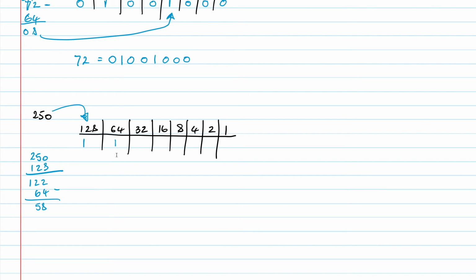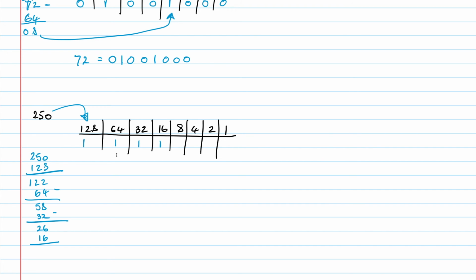I still need to find 58, so 32 is okay. We take 32 away, which leaves me with 26. We have 16 on offer, so we take 16 away, and we're left with 10.